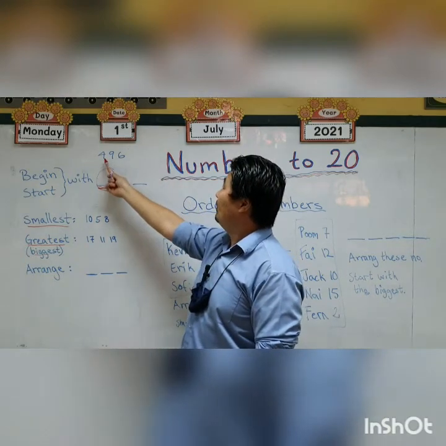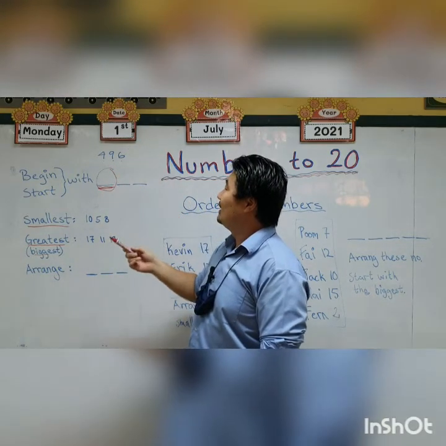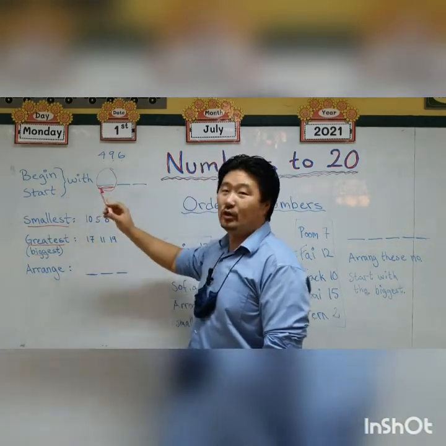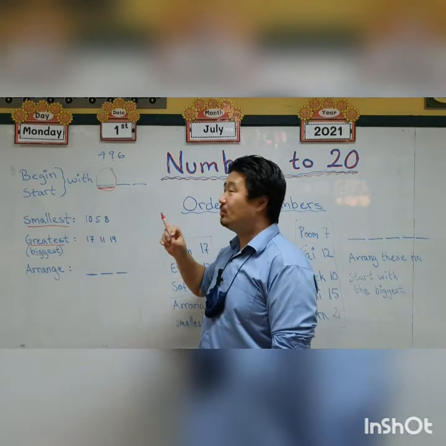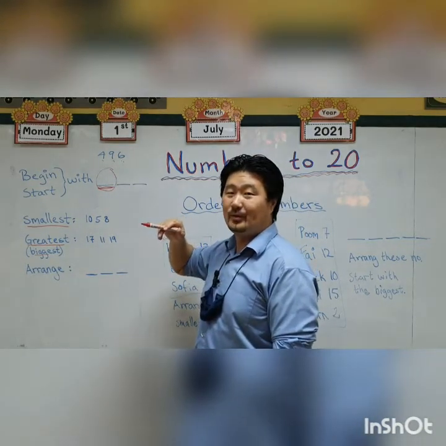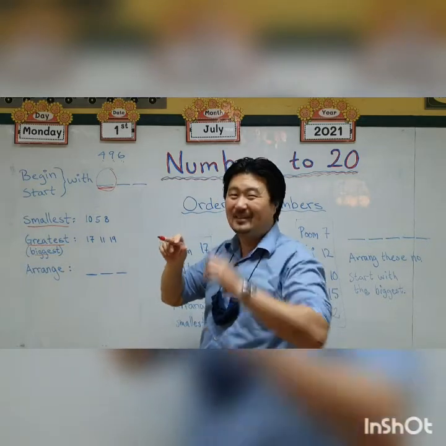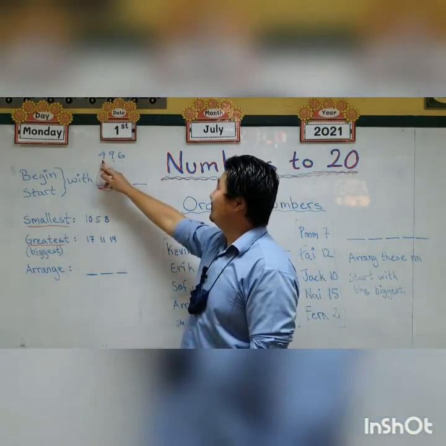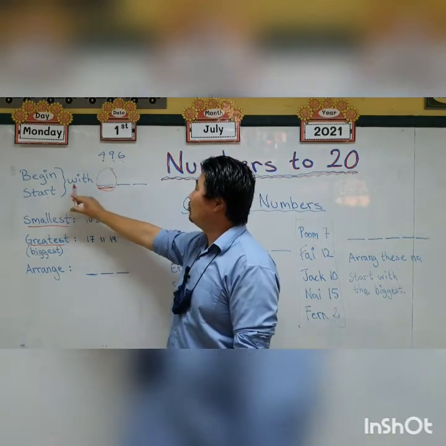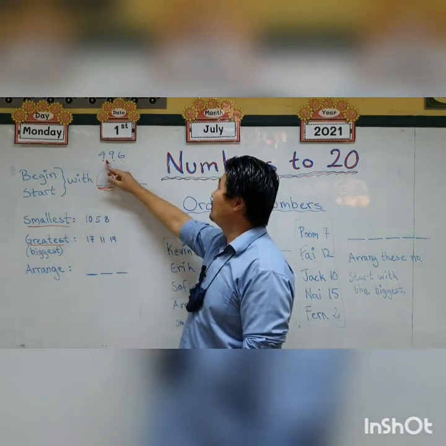And then let's do this. We have 4, 9, and 6. Let's start with the smallest number. Which is the smallest number? Alright, it is 4.